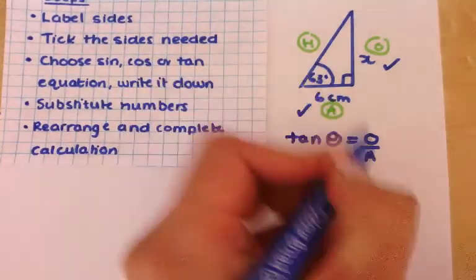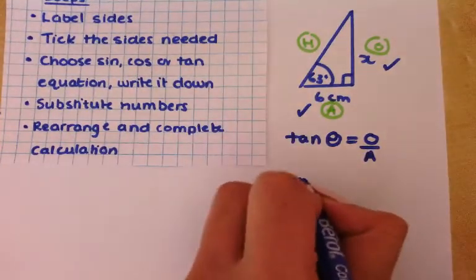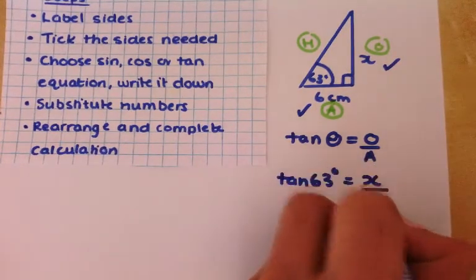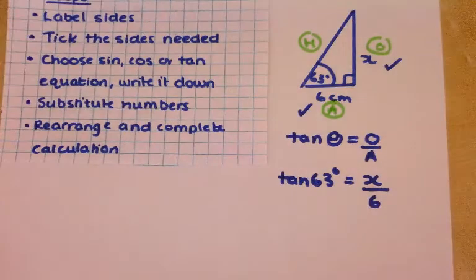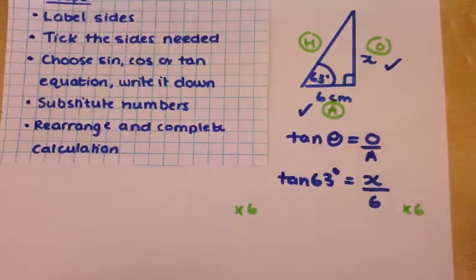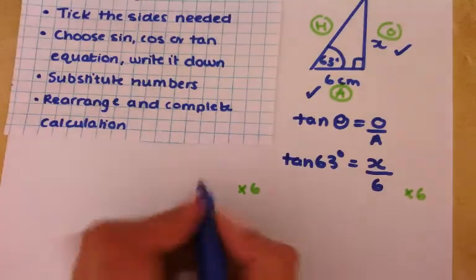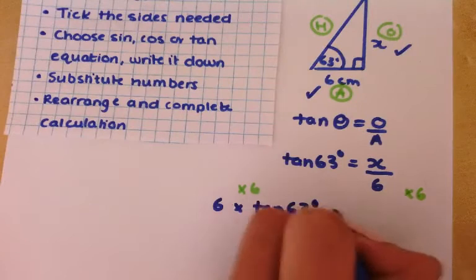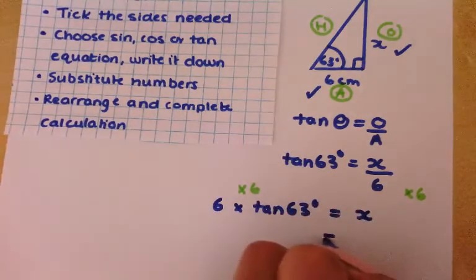I'm going to put the numbers in. So tan of 63 degrees is x over A is 6. I need to get x by itself. Times both sides by 6. So then I have 6 times tan 63 degrees is equal to x.